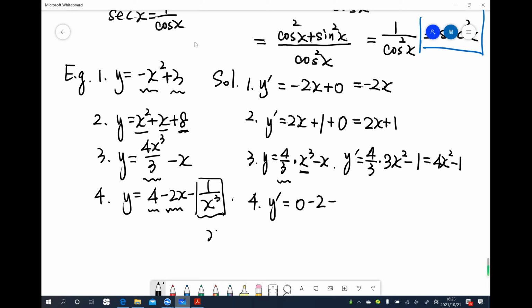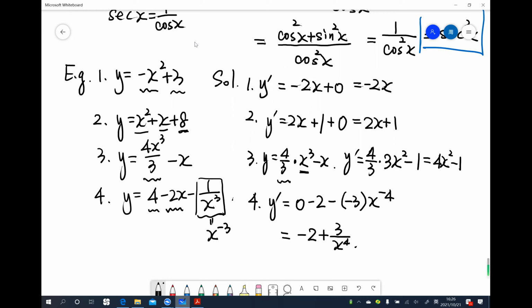So here that is x power minus 3. So that is minus 3x power minus 4. And usually we write it like minus 2 plus 3 by x power 4. So here are the solutions for the 4 examples.